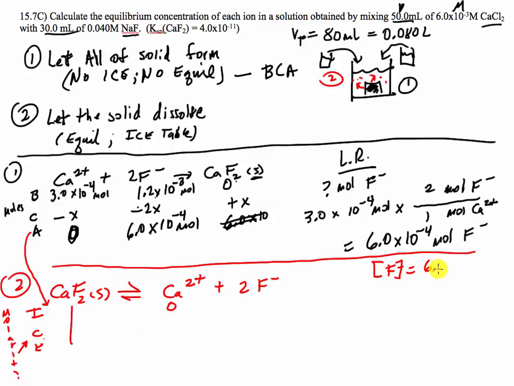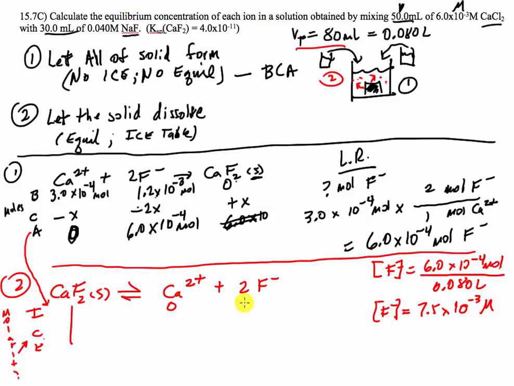So I'm going to take that 6.0 times 10 to the minus 4 moles, and I divide this by my total volume. Remember what I said my total volume was 80 milliliters. So 0.080 liters will get me my fluoride ion, and that comes out to be equal to 7.5 times 10 to the minus third molar.